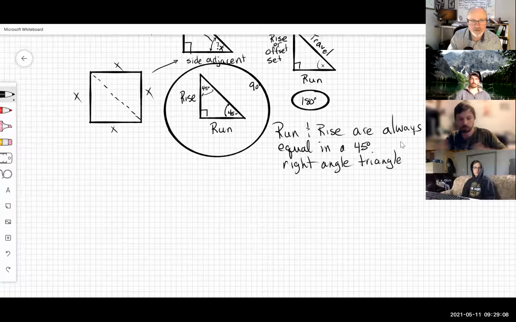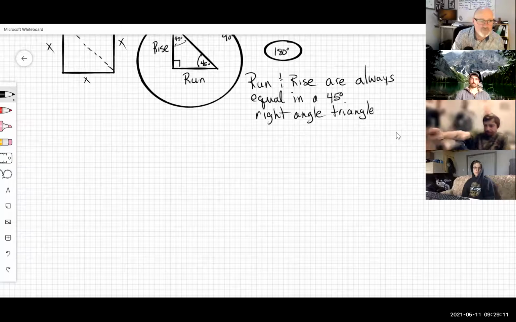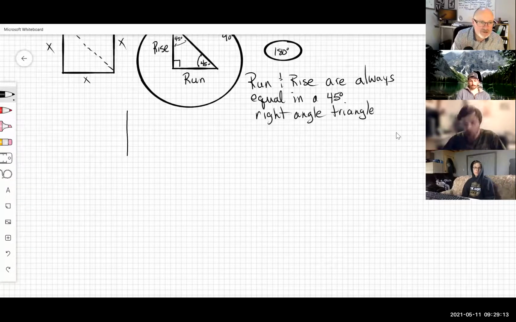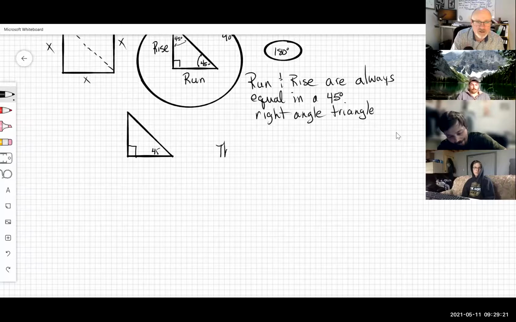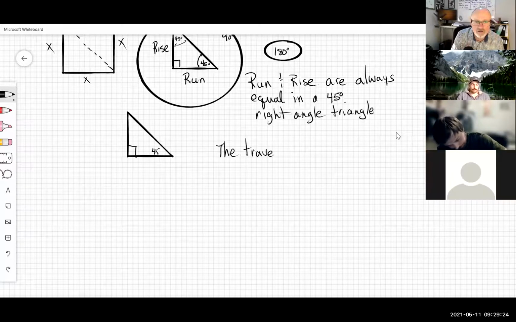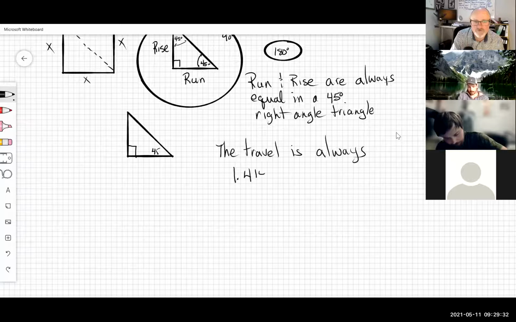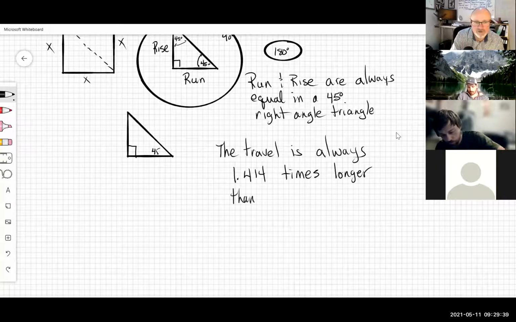So I'm going to move this up. I want to tell you that in a 45-degree right-angled triangle, the travel is always 1.414 times longer than the run or the rise.